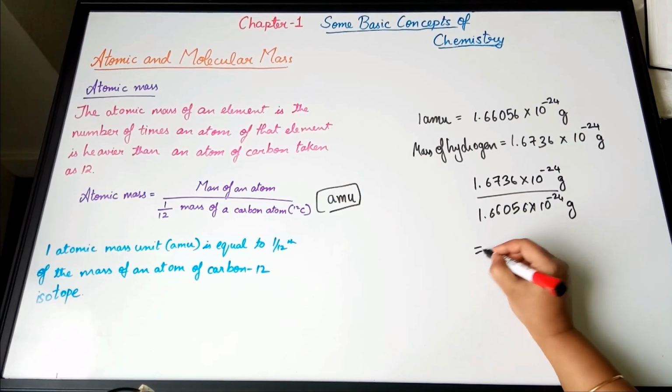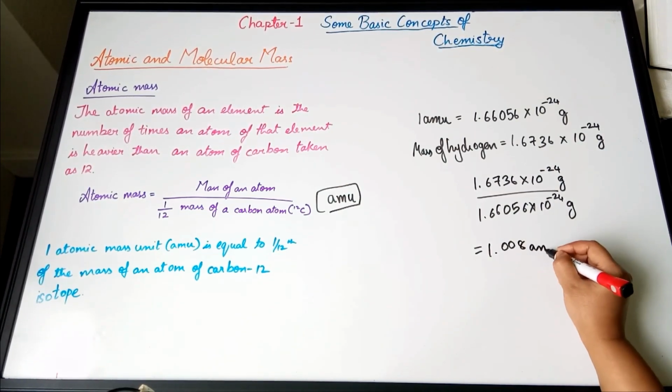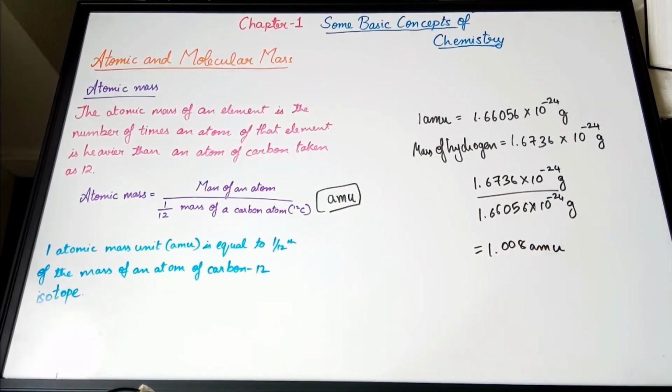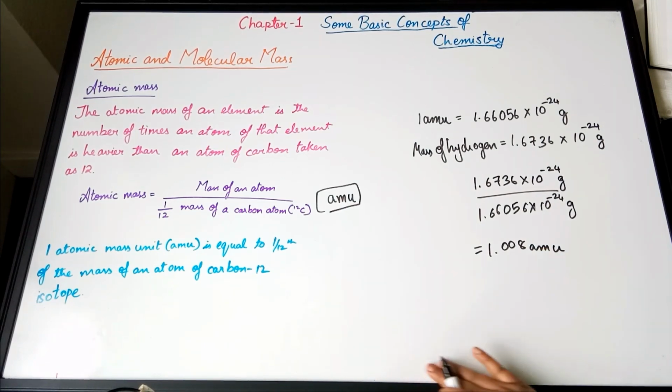When this is simplified, the answer comes to 1.008 AMU, or atomic mass units. And this is how the masses of various elements were calculated. Oxygen was supposed to be 16.